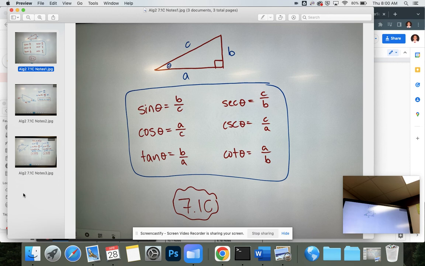And then if you already know this, you don't need to write this down, but sine of theta would be opposite over hypotenuse. Cosine of theta, adjacent over hypotenuse.